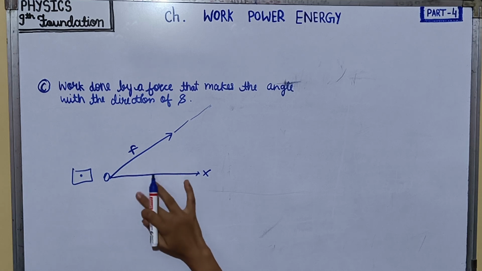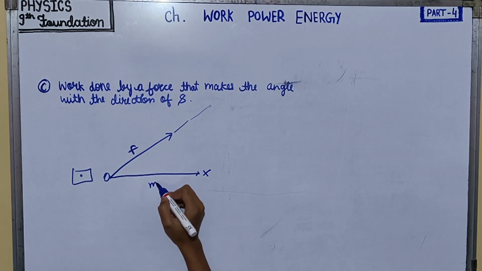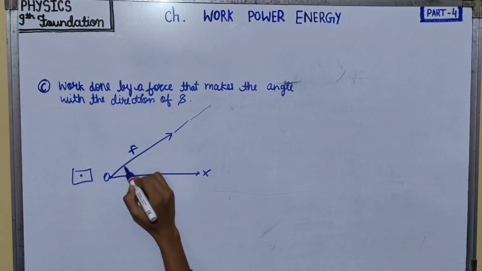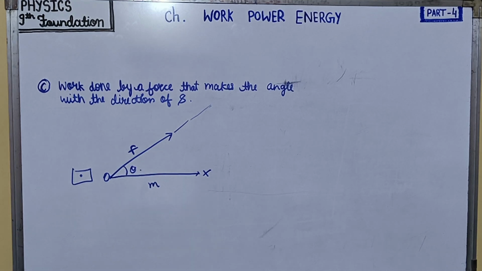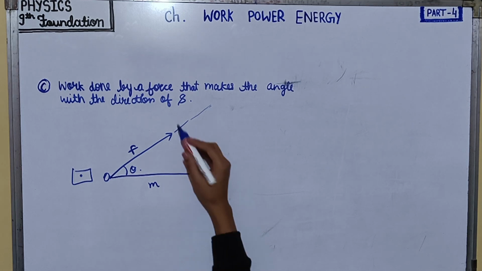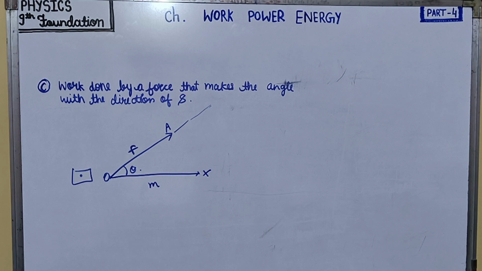This is the direction of motion, and this is the angle which is called theta. Point A. In this, the toy car moves along the horizontal ground surface OX, but the force is along the string OA. Thus, the direction of the force makes an angle theta with the direction of the motion.